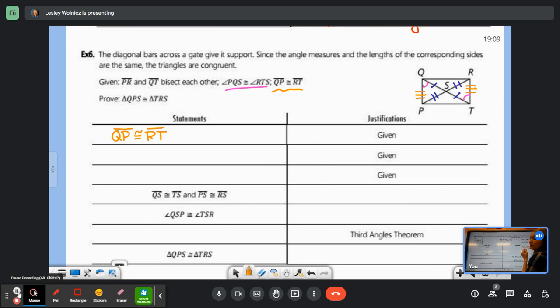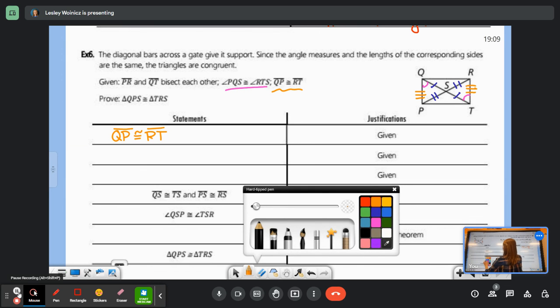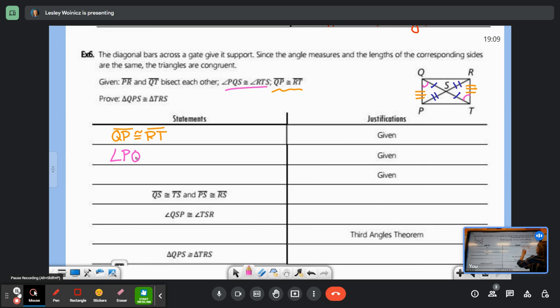What else was given to us? Those two angles: angle PQS is congruent to angle RTS. That was given to us.